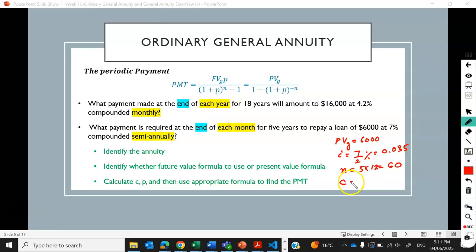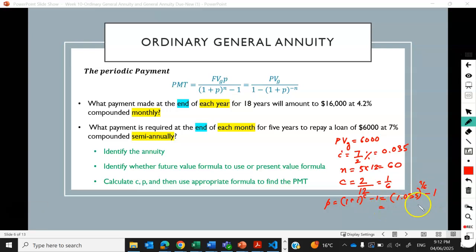And because this is general annuity, you have to find the C, which is interest compounding period, which is semi-annually, divided by payment periods, which is monthly. So you will have C value as 1 over 6. So you can calculate the P as 1 plus I exponent C minus 1, which is 1.035 exponent 1 over 6 minus 1.